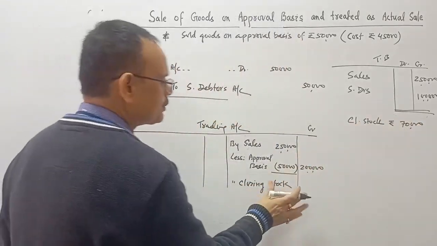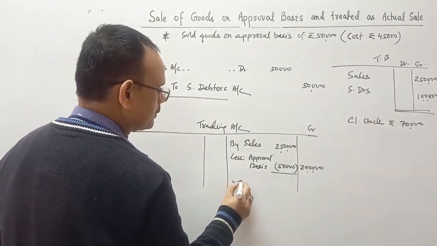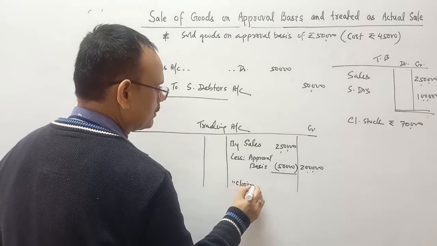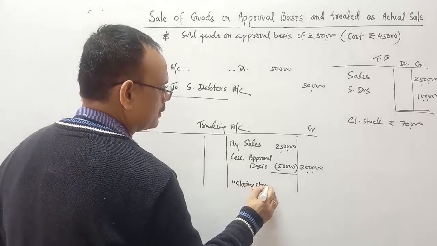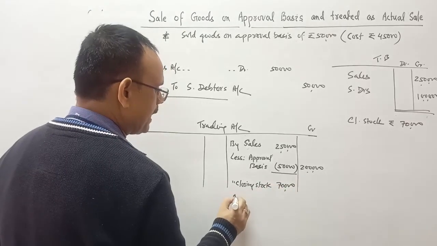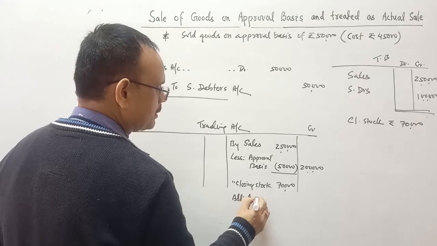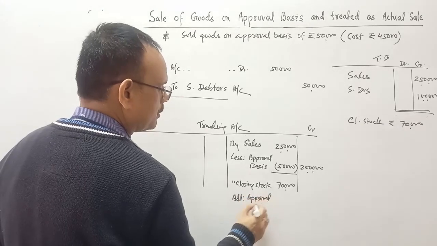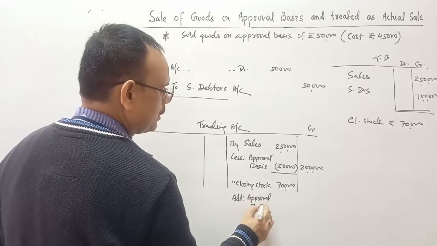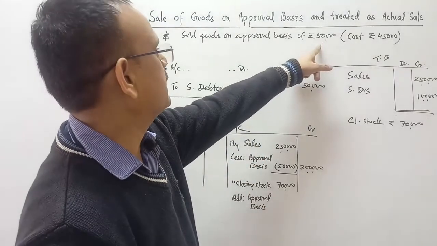So you write the closing stock, 70,000, and add the approval basis goods. But here you add cost or market price, whichever is less.